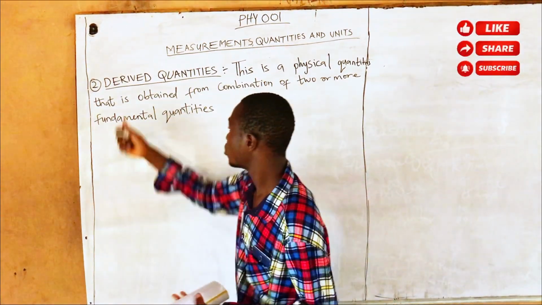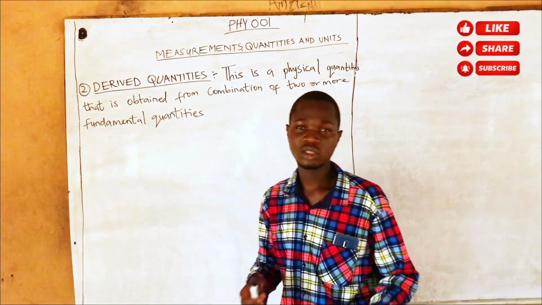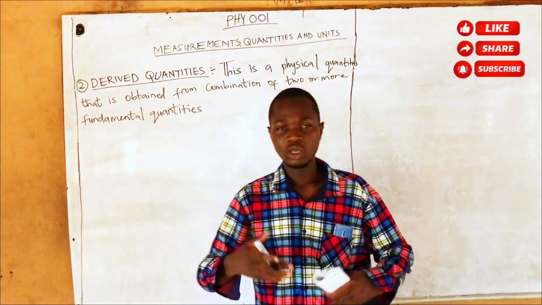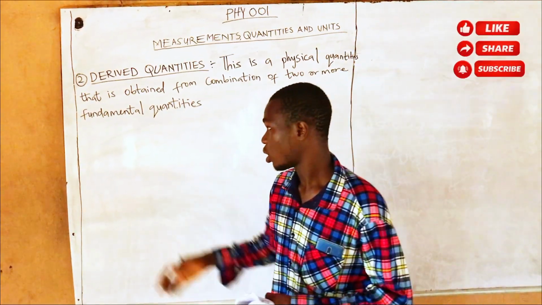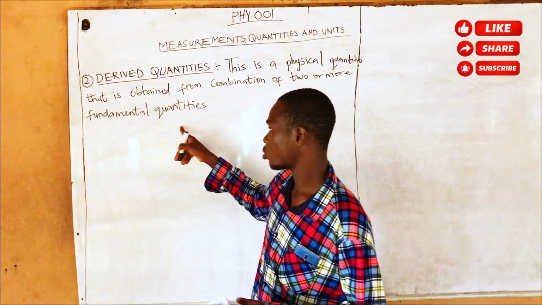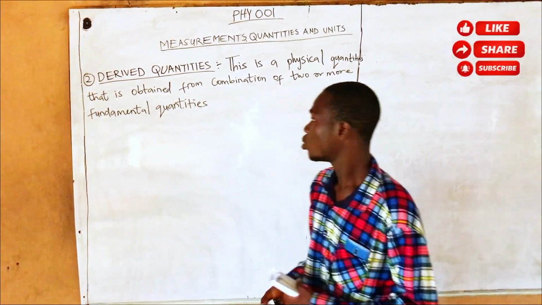So from the word derived, this derived quantity is gotten from the combination of two or more physical quantities. And remember, this fundamental quantity is also called the base quantity.